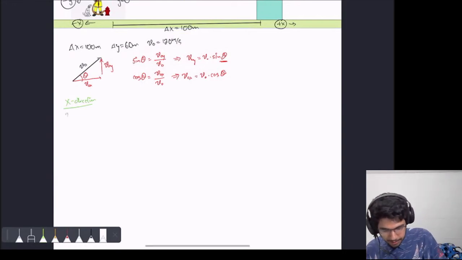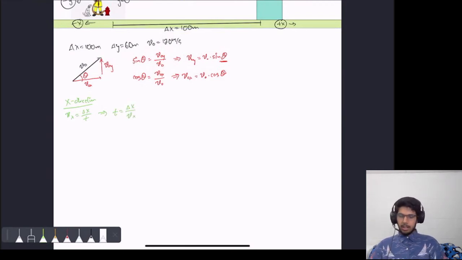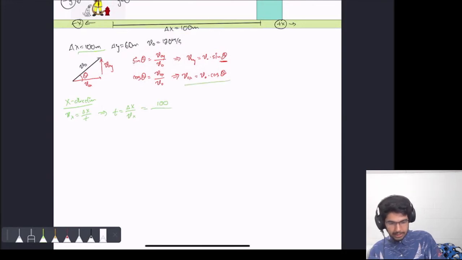So we know that Vx equals delta x over time, and this tells us that time is equal to delta x over the velocity in the x direction. And we have delta x, that's given up here, so that's 100. And Vx, well, that's constant, v naught times cosine of theta.